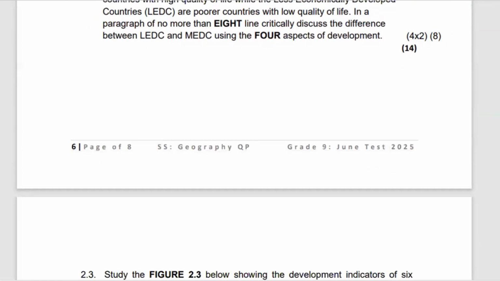All right, so here in our paragraph, we are going to use the 4 aspects of development. We shall start with the first one, economically.